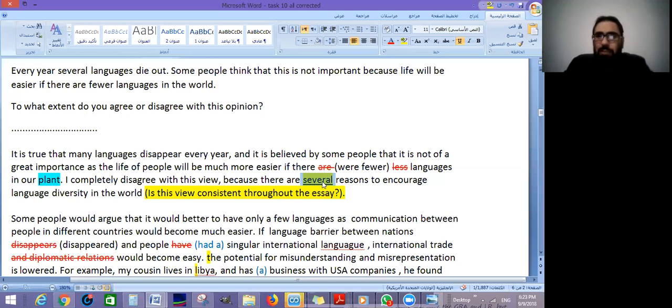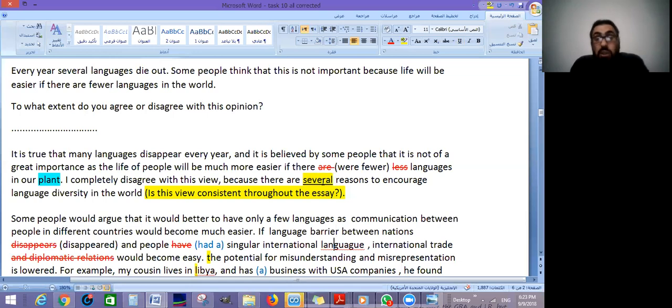I don't think some is really that formal, unless you're talking about people. We say some people, other people. Avoid some. It's not really the best word to use in an essay. If you just said there are reasons to encourage language diversity, you could put 1 reason, 2, or whatever you have, really.